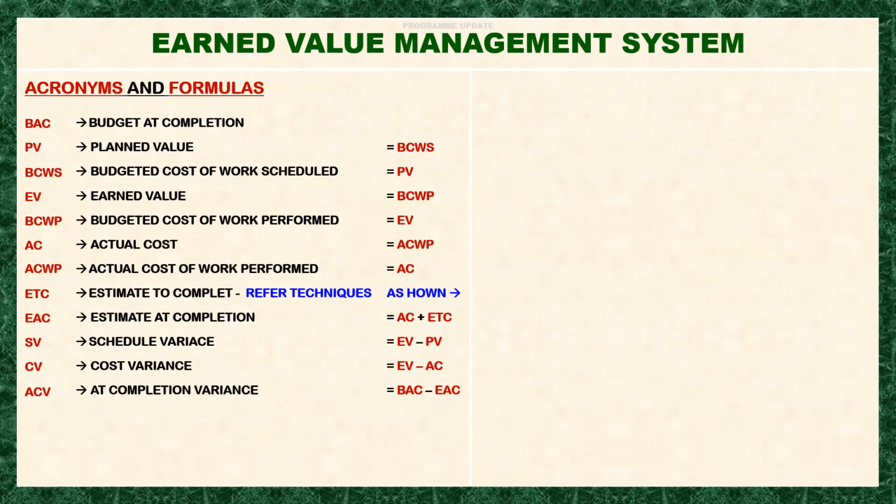Let's say, for example, you have to add more people, if the area is really workable for more people, and you have to collaborate, coordinate, and communicate with the project team. Okay, so that is the purpose of the earned value management system.